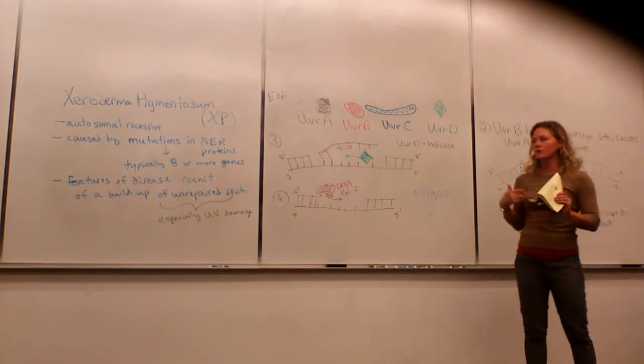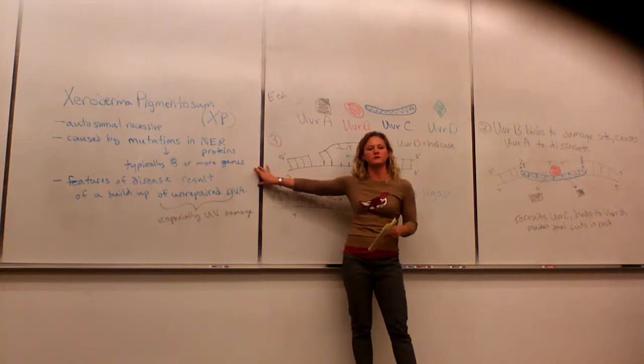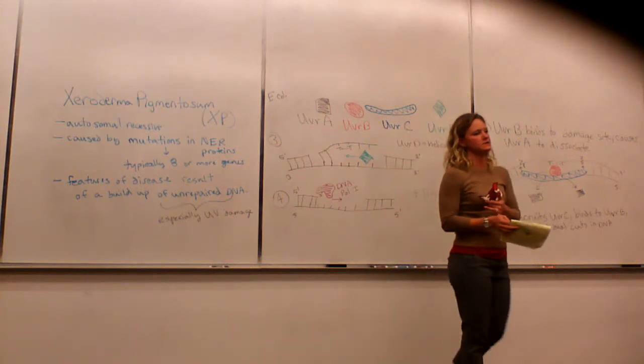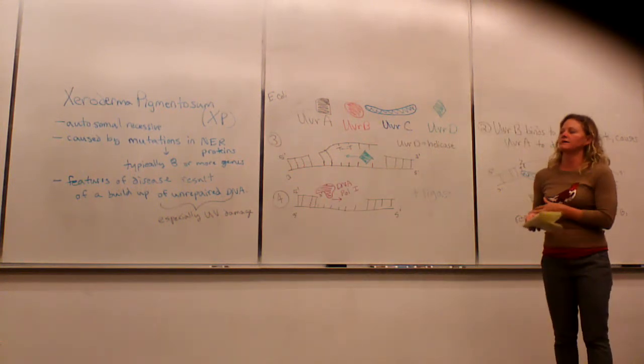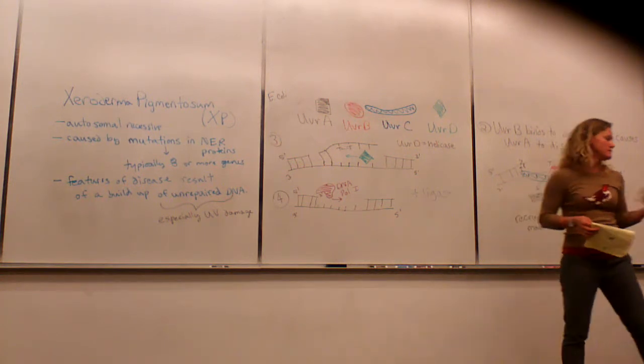Normally, we can go around and be exposed to sunlight and UV rays, and our cells are able to fix and repair any kind of dimers and things like that. But these folks are heavily prone to skin cancer, as you might imagine, and other problems caused by UV damage to our DNA.